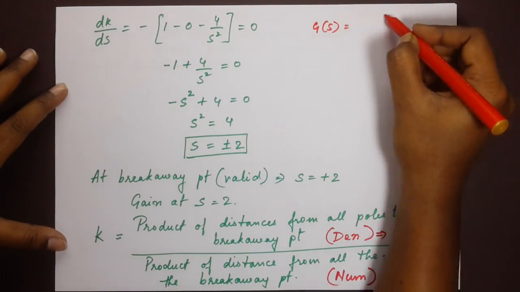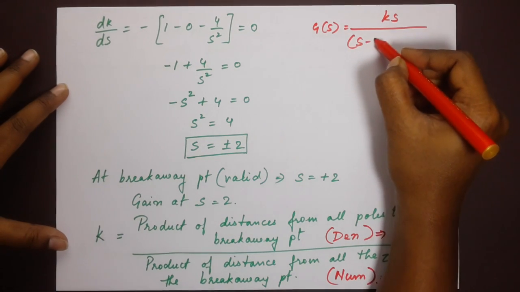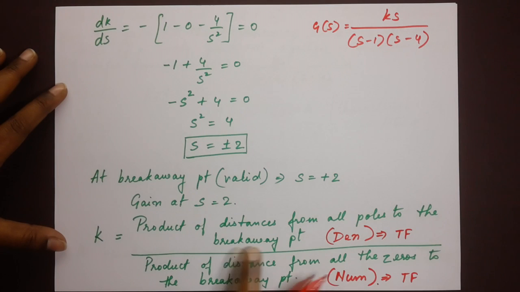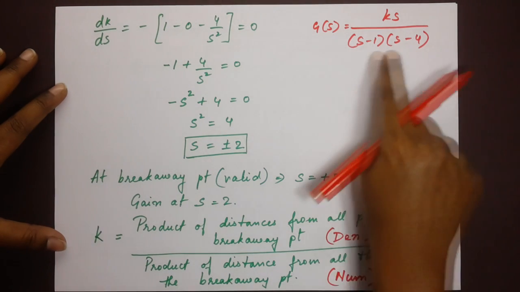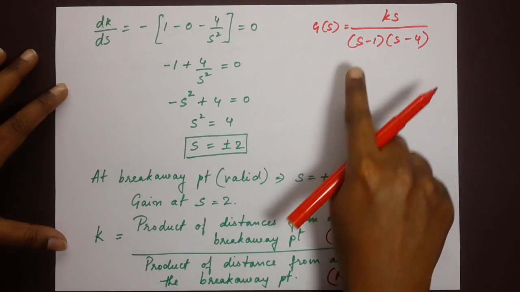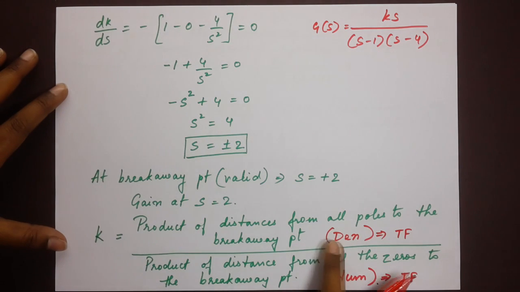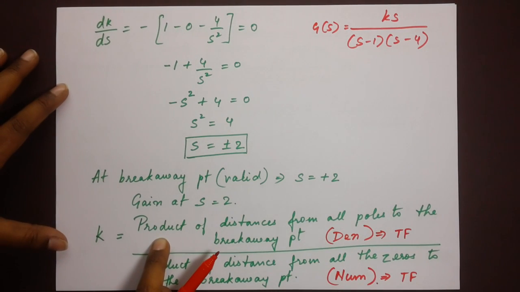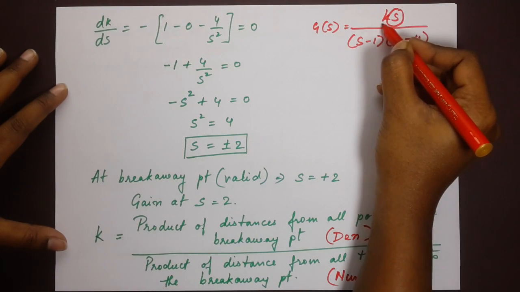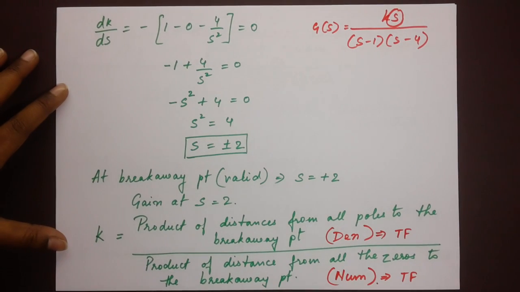We were given G(s) = Ks / ((s - 1)(s - 4)). Now, we have the value s = 2. The product of distances from all the poles to the breakaway point corresponds to the denominator of what's given to us, (s - 1)(s - 4). Substitute 2 in place of s here, that will give us the top part of the ratio for K. And the product of distances from all zeros to the breakaway point is just s, because we are finding out what K is, so s remains, which is 2.